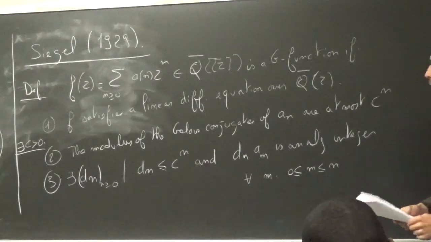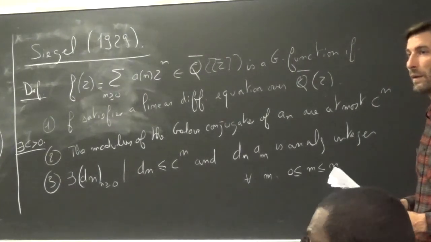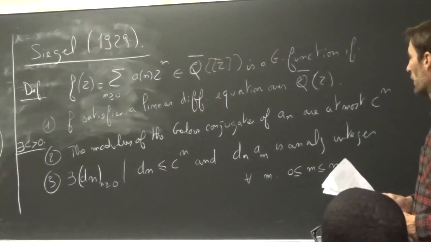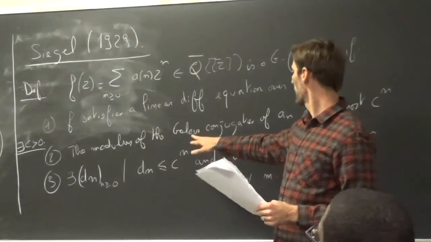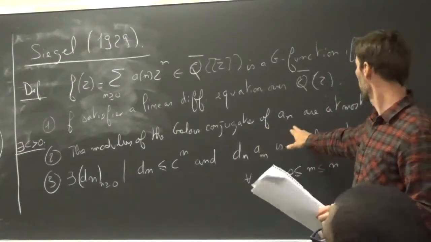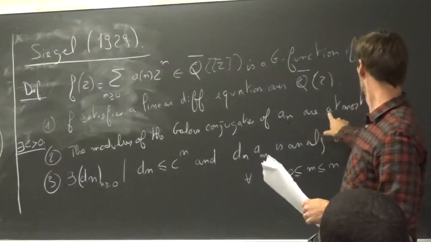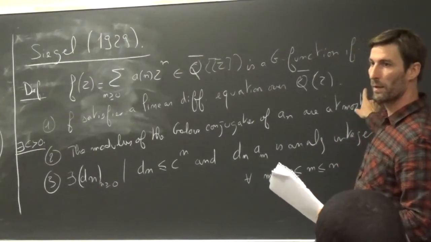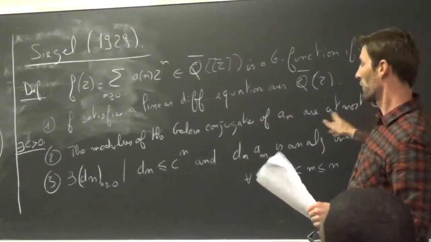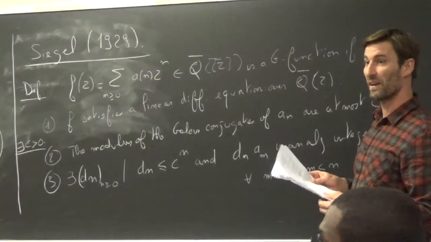Could you read 2 and 3 again? So the modulus of the Galois conjugates of the coefficient a_m are at most equal to C to the n. What is modulus? Just the absolute value.